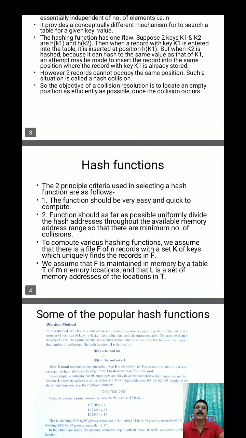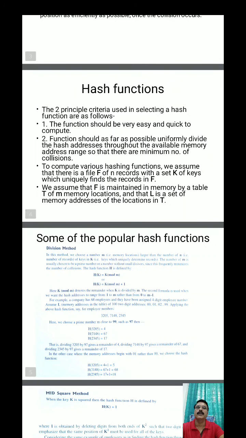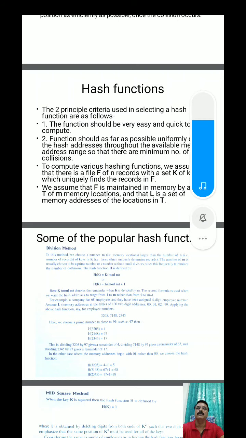Now let's move on to the hash functions. There are two principal criteria used in selecting a hash function. The function should be very easy and quick to compute. The function should, as far as possible, uniformly divide the hash addresses throughout the available memory address range, so that there are a minimum number of collisions.